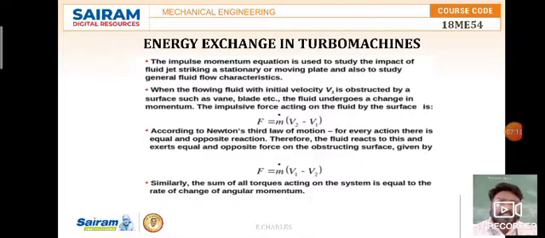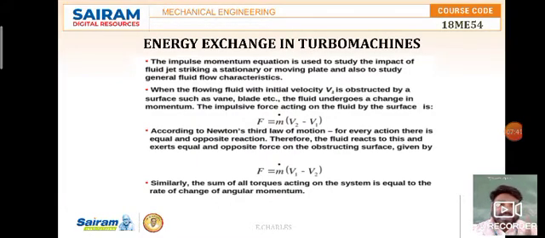So according to this statement, the impulse momentum equation is used to study the impact of a fluid jet striking a stationary or moving plate. Whether it is striking a stationary blade or a moving blade, it is nothing but the Pelton wheel or the impulse turbine or reaction turbine.